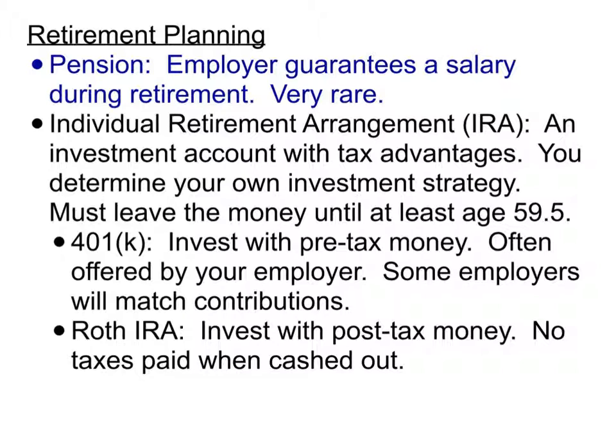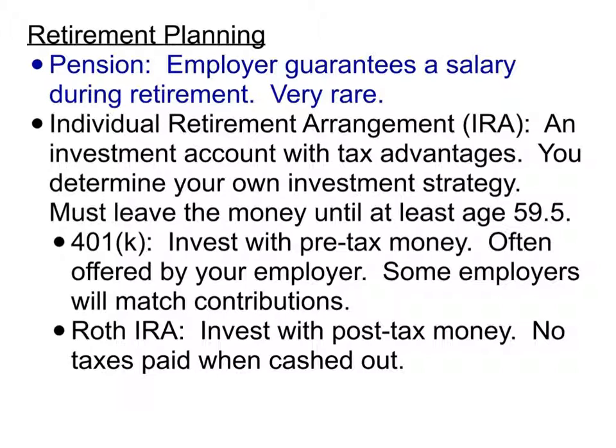We have to keep paying them. This is tough for our bottom line. And so a lot of places have ruled them out. So a pension just means that your employer guarantees you a salary after you retire. So like if you work with us for 30 years, we'll pay you $1,000 a month for the rest of your life. That sort of thing. That's a good deal if you get it. But most of them have been phased out, hence it's very rare.